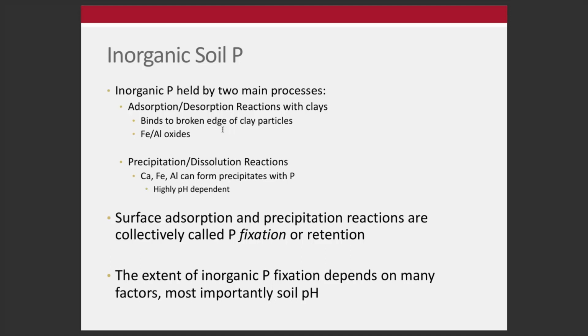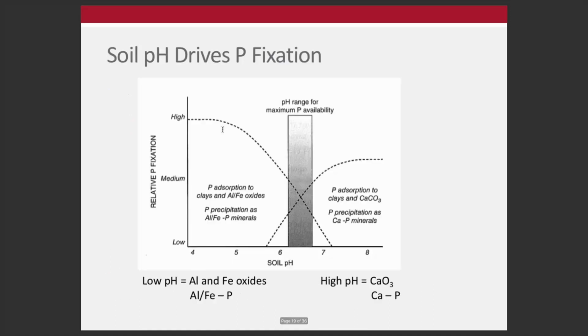Collectively, those two processes are called P fixation or sometimes P retention. The extent of inorganic P fixation depends on many factors, but pH is a big one, especially when we talk about phosphorus.